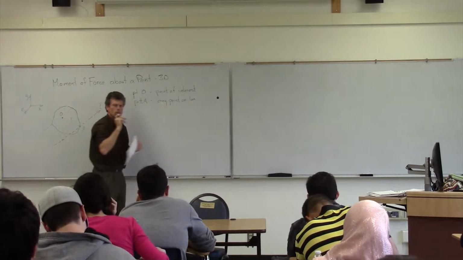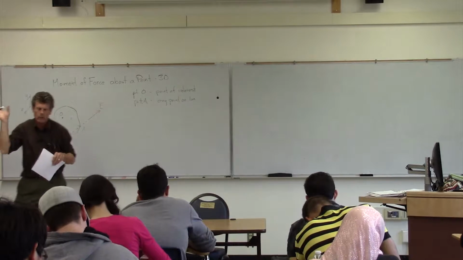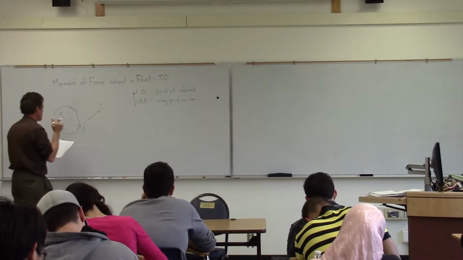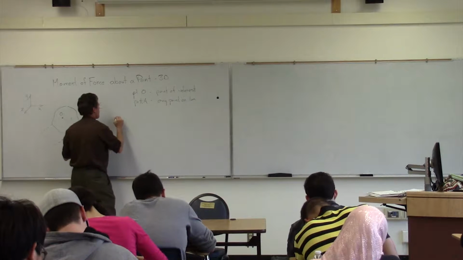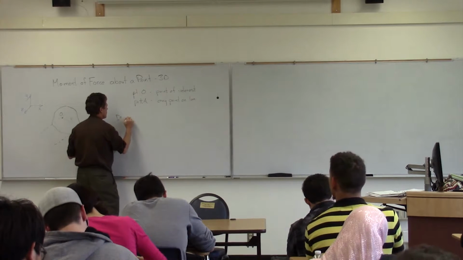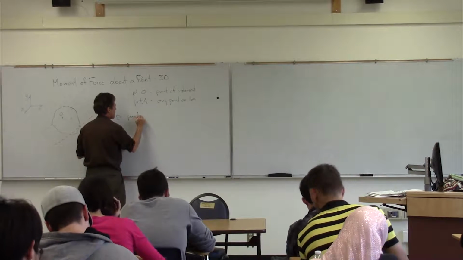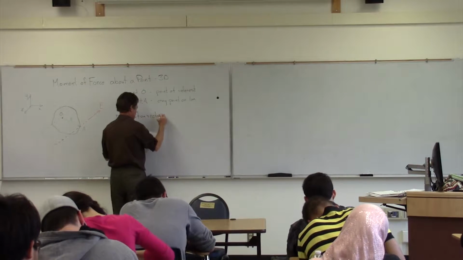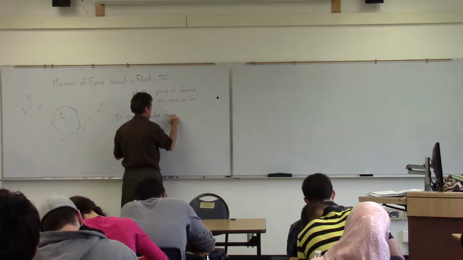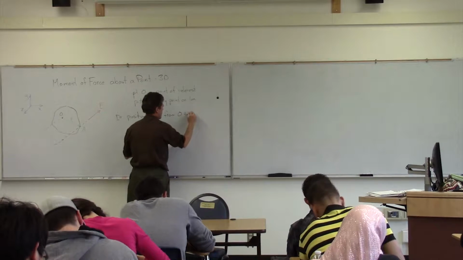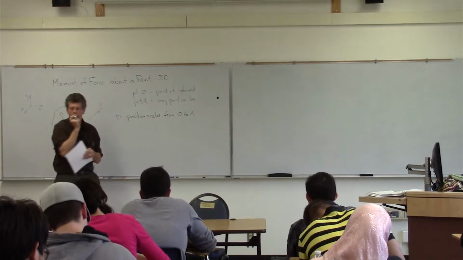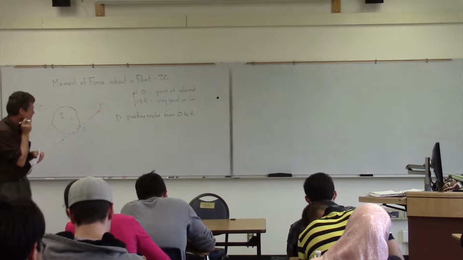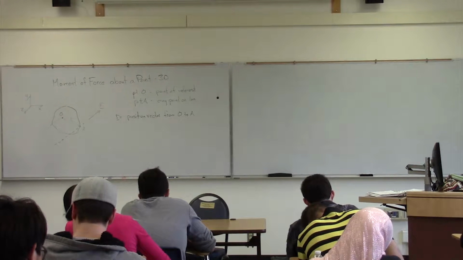And point A is a point anywhere on that line of action. And then R is our position vector from point O to point A.